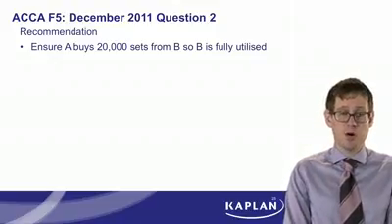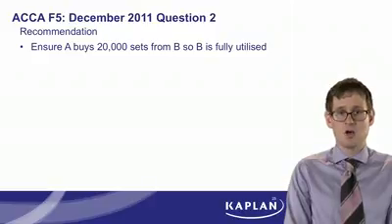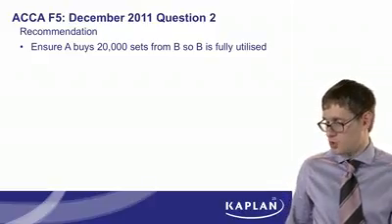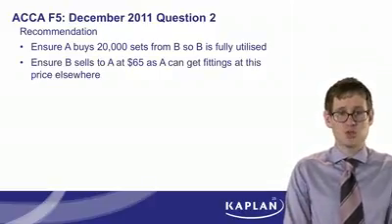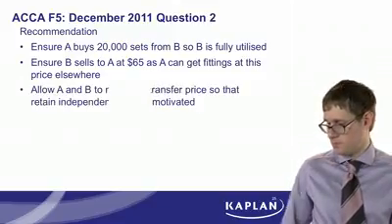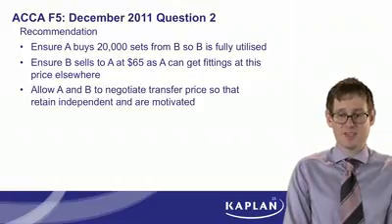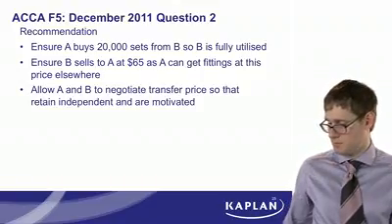Well, ensure that A buys 20,000 units of bath fittings from Division B to ensure that it's fully utilised. Ensure that B sells to Division A at $65, so A doesn't end up going elsewhere. Allow A and B some degree of negotiation. Managers will not want to have transfer prices enforced, and this can be demotivating.